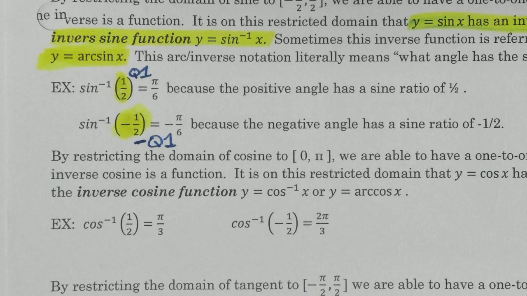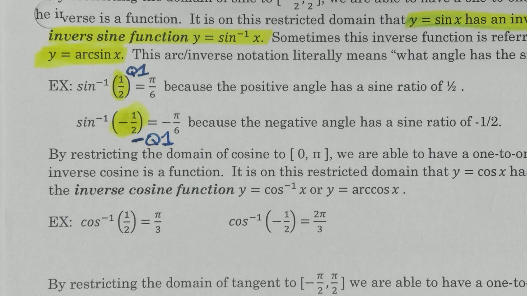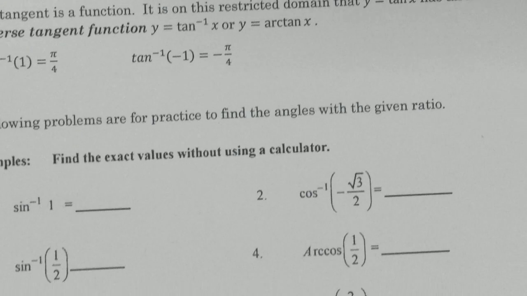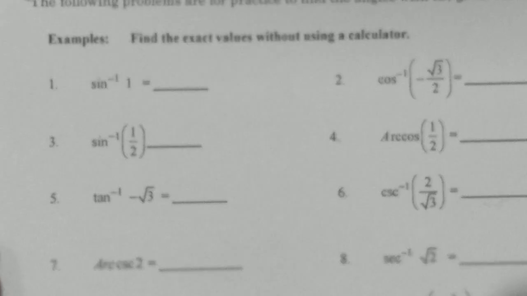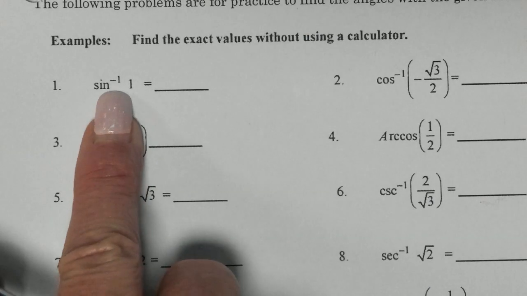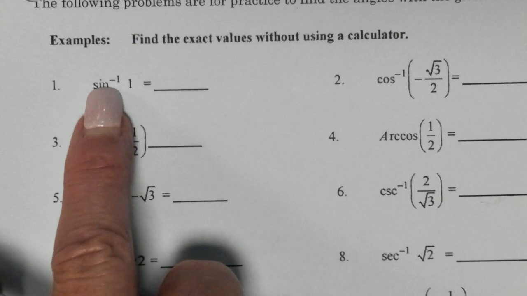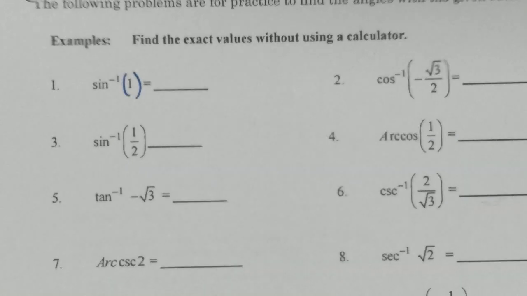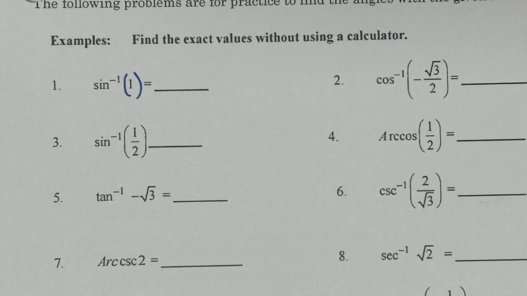So down at the bottom, there are 10 different examples. We're only going to look at the sine. So number 1 is sine, and this is read, the inverse sine of 1. Well, what angle has a sine ratio of a positive 1? 90 degrees.